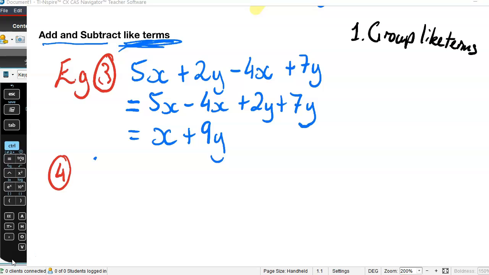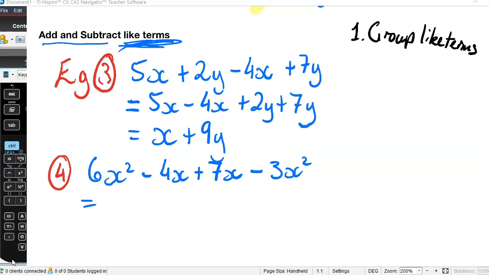Okay, so 6x squared minus 4x plus 7x minus 3x squared. So where are my like terms here? Okay, so I'm going to group my like terms. So 6x squared, each like term here is minus 3x squared.